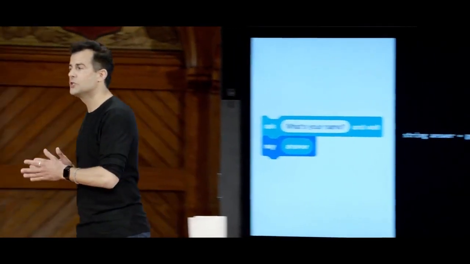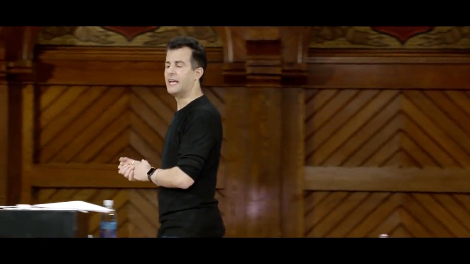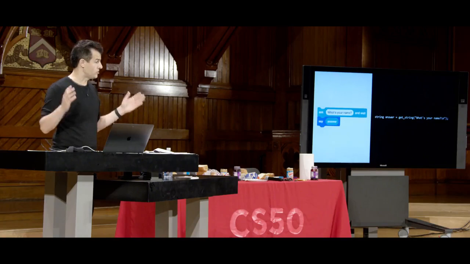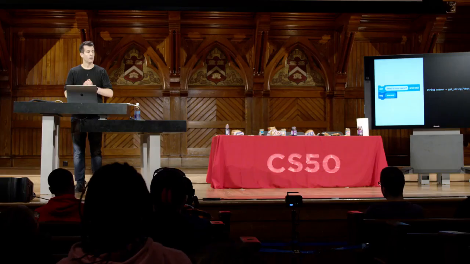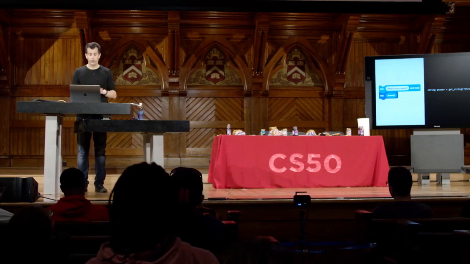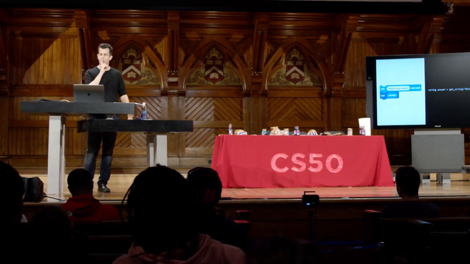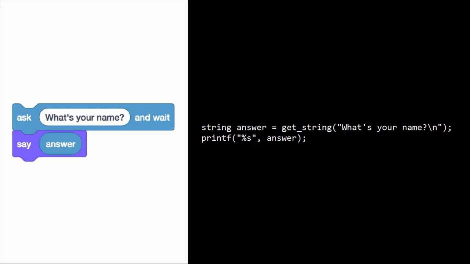So how do I now say this person's name? Well, in Scratch, I just say, and then I drag and drop the answer variable, and it's done. What's the function in C with which we can say something on the screen? Yeah, so printf, print a formatted string, even though we haven't really seen any formatting yet until now. It turns out in C, if you're not passing in a hard-coded string or sentence, you have to pass to printf what's called a format code or a format string.